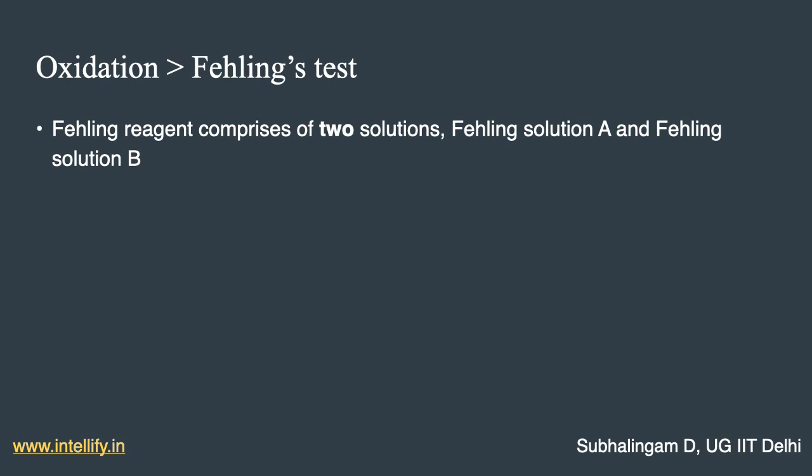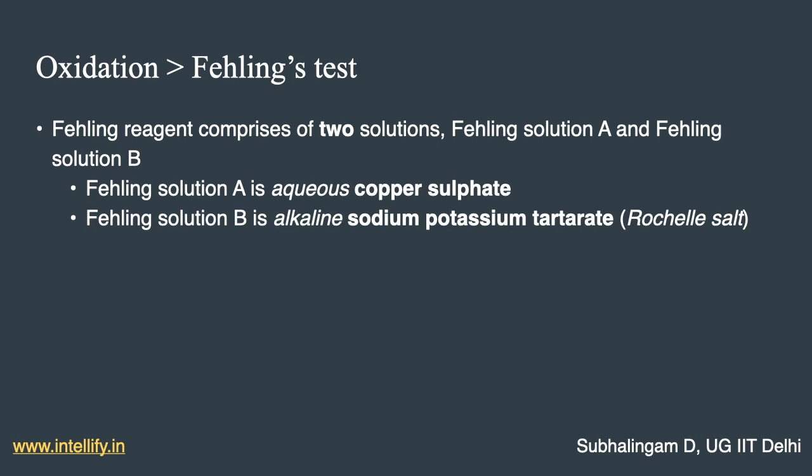Fehling's reagent comprises two solutions, Fehling's solution A and Fehling's solution B. What is A and what is B? Let's look at them now. Fehling's solution A is aqueous copper sulfate. Fehling's solution B is alkaline sodium potassium tartrate, that is Rochelle salt.